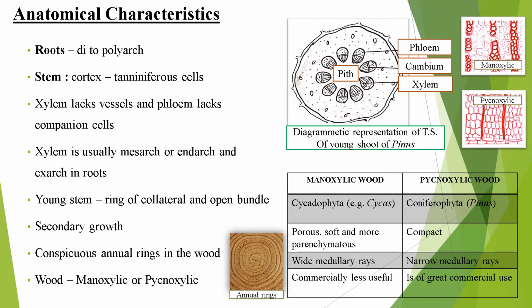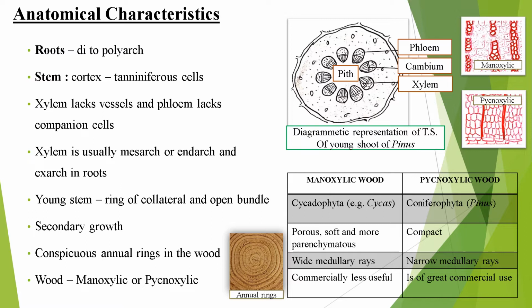Xylem lacks vessels and phloem lacks companion cells, with the exception of knee-tails. Stem has mesoarch or endarch xylem, that means xylem lie towards the pith, whereas roots have exarch xylem, that means it lies towards the outer side.